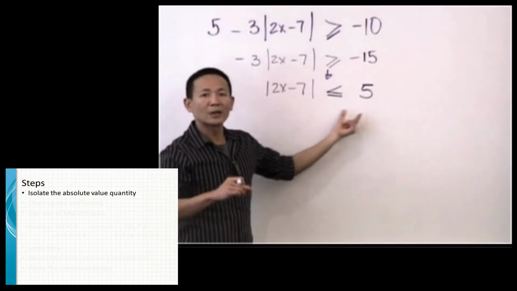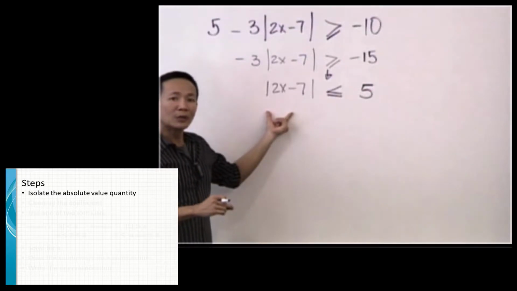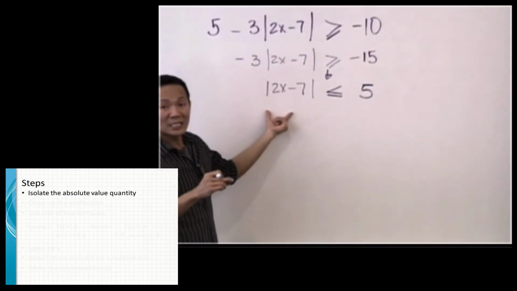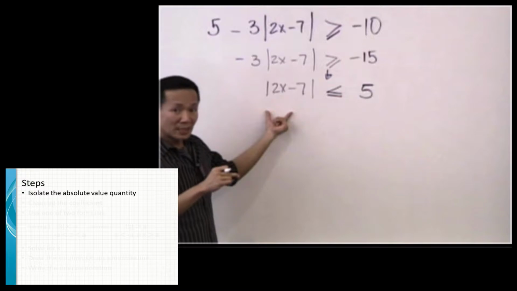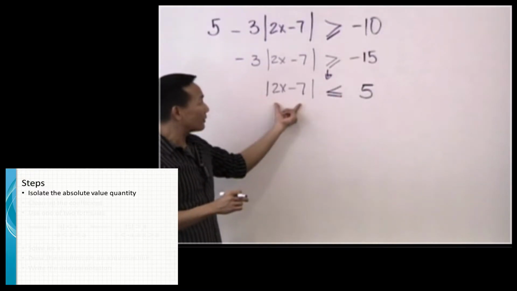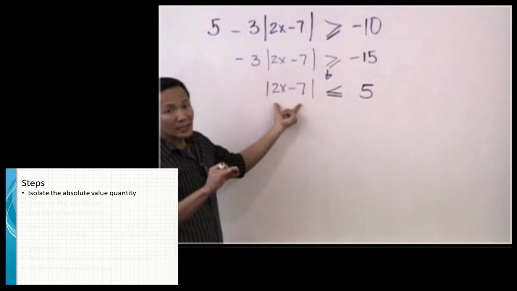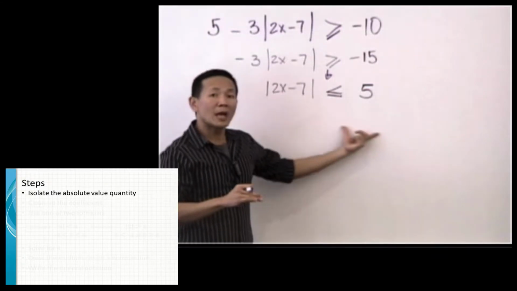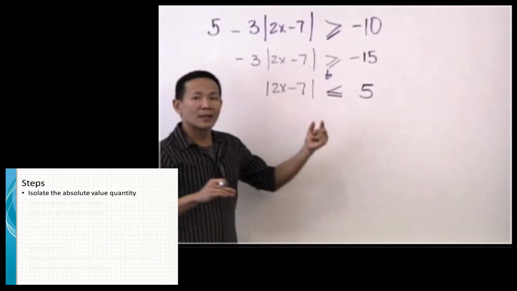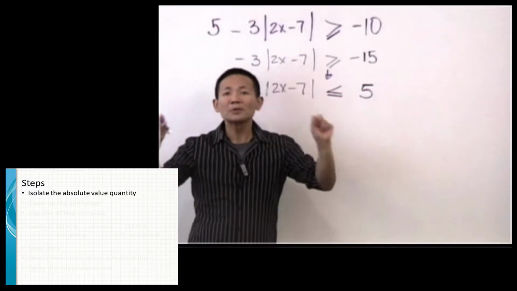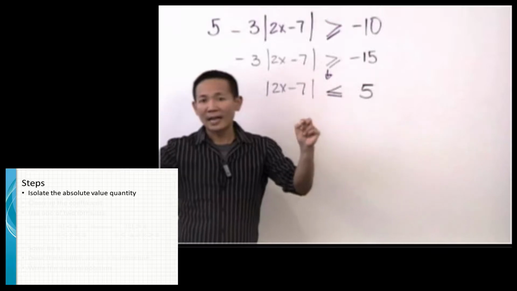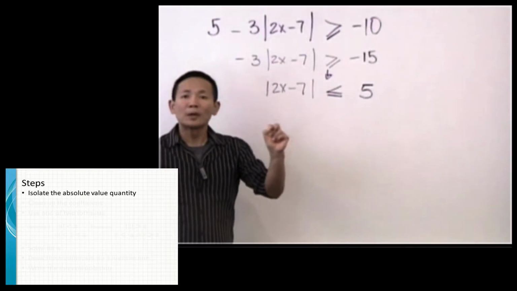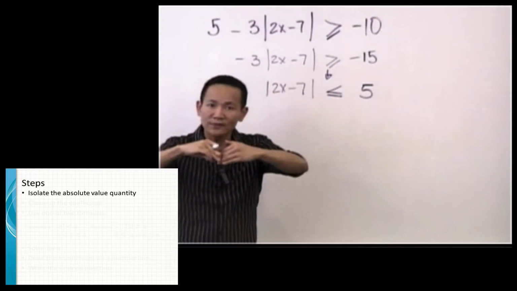And once again, what is absolute value? Absolute value is the distance of the number from 0. Here we have a distance of a number, I don't know what it is, less than or equal to 5. So on the number line, I know that there are only 2 numbers on both sides of 0, 5 and -5, and those 2 numbers would give you 5 distance units from 0.